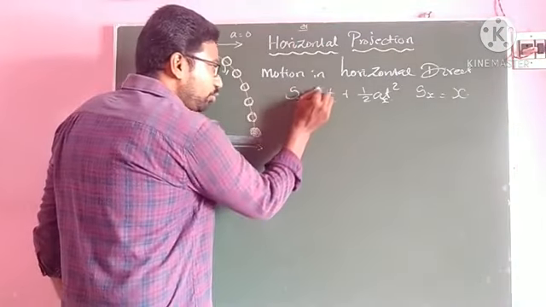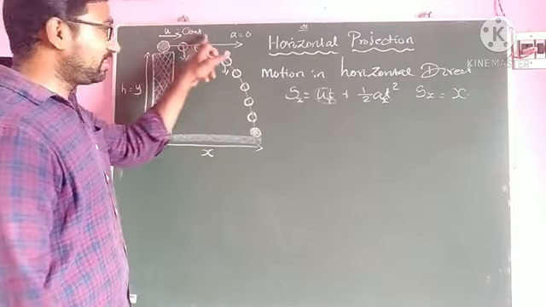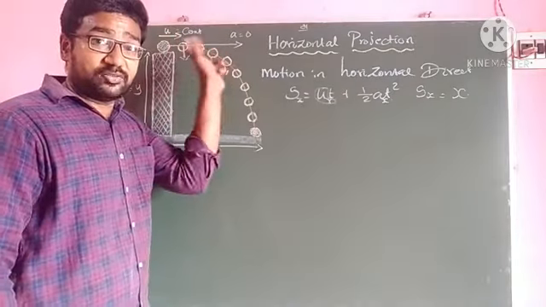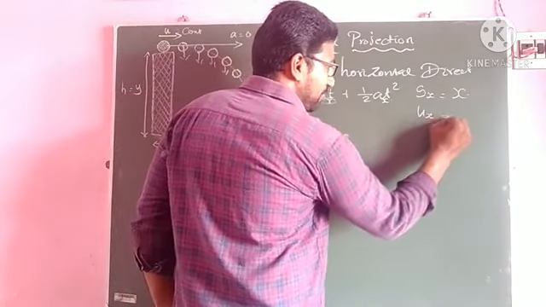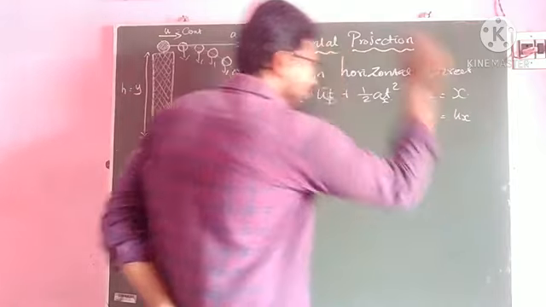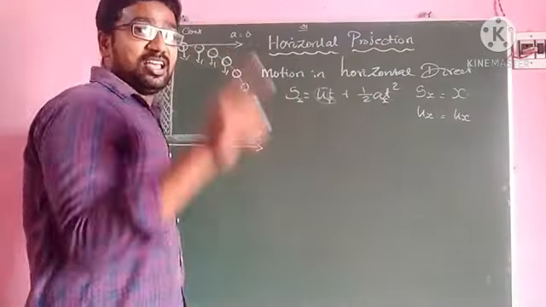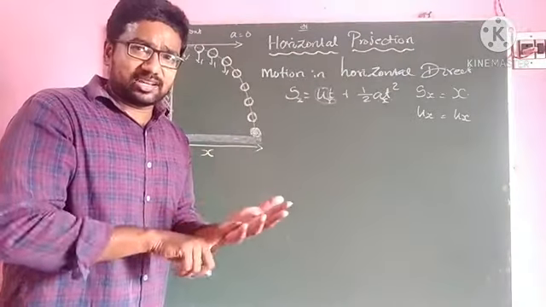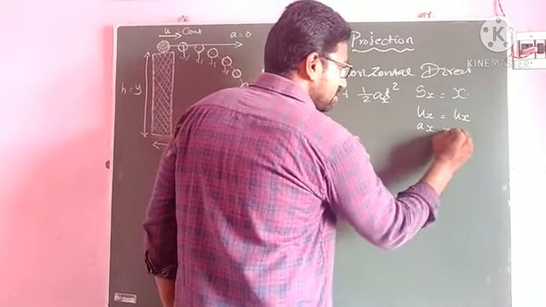And then ux. What is ux? It should be conserved, that is, constant in the horizontal direction. So ux stays as ux. And what is the value of acceleration in the horizontal direction? Once the velocity is constant, acceleration becomes 0, so ax is 0.